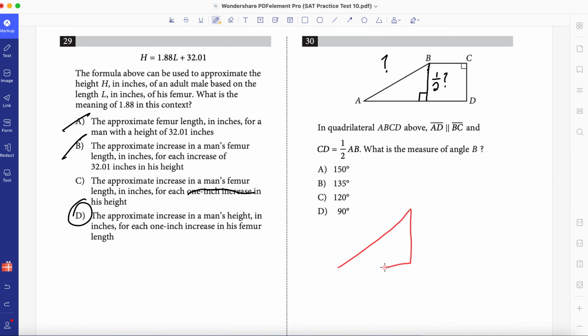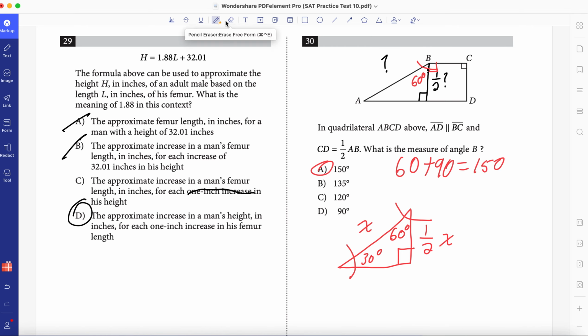If my triangle looks like this, with 1/2 x and then x, therefore this is 30 degrees, this is 60 degrees. So this angle, we know just by special right triangles, is 60 degrees, and you know that this is 90 degrees because we just made a square, so 60 plus 90 is going to equal 150. That answer is A.